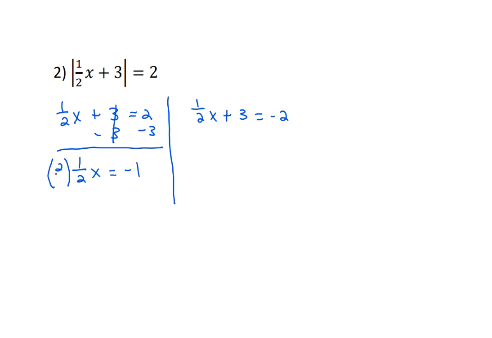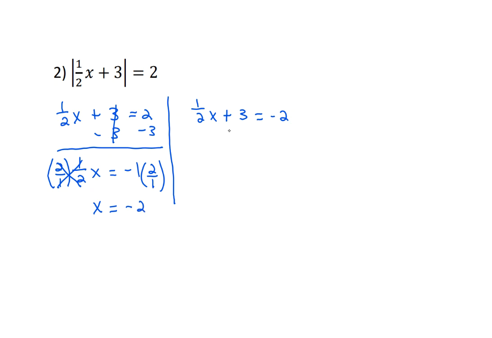So I'm going to multiply by the reciprocal of 1/2, which is 2 over 1. All right, which causes this to be 1 over 1, and we say it cancels out, but that turns into a 1, or 1x equals negative 1 times 2 over 1, which would give me a negative 2.